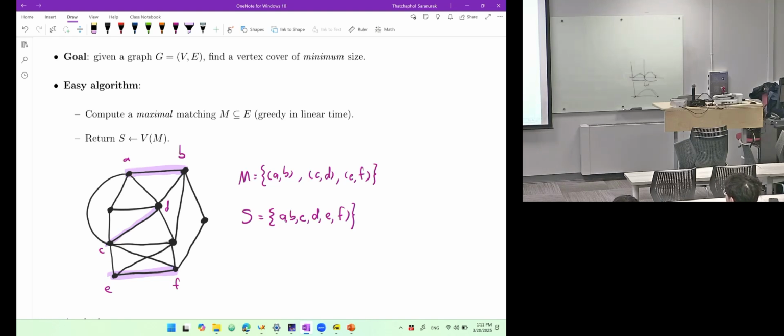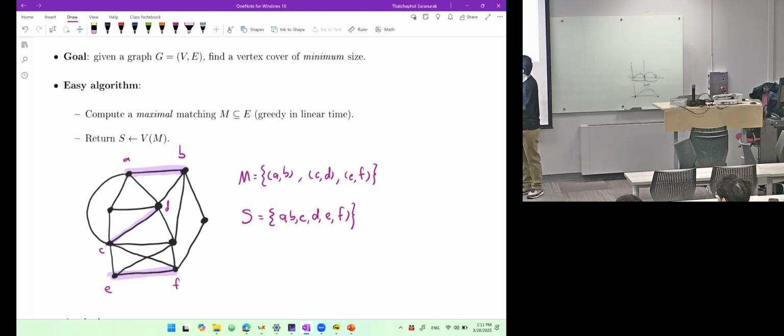It's not maximum, but maximal. Once you have this matching, look at the vertices inside the matching and return that set. So it's a linear time algorithm. That's the algorithm.